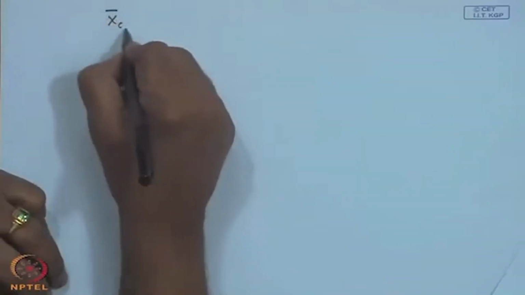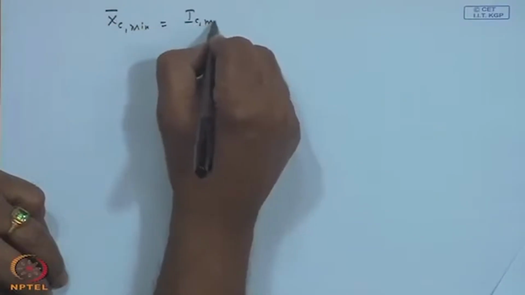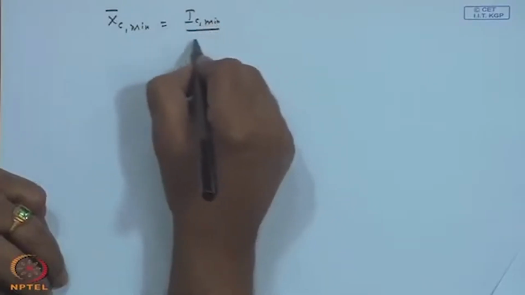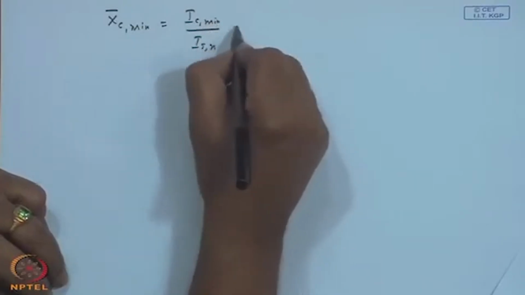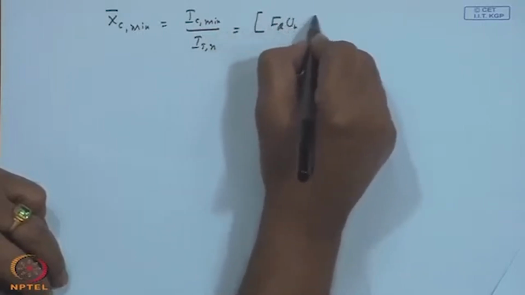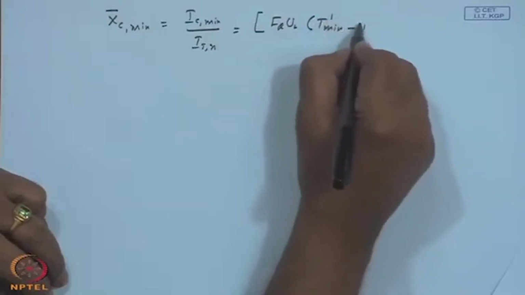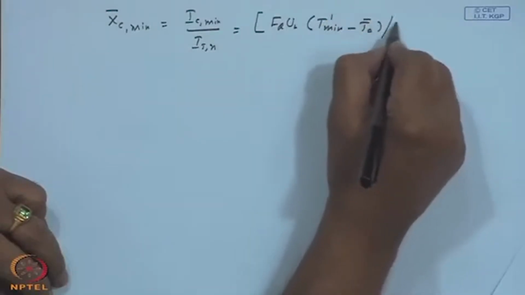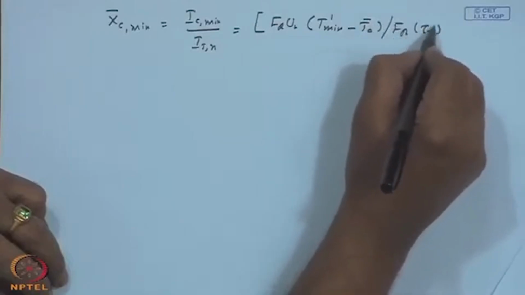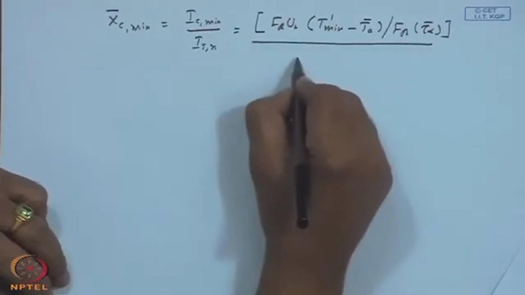If you want, x c bar minimum can now be rewritten as I c minimum by I t noon equal to, everything is the same, F r U L (T min guessed minus T a bar) by F r tau alpha bar over R T n.